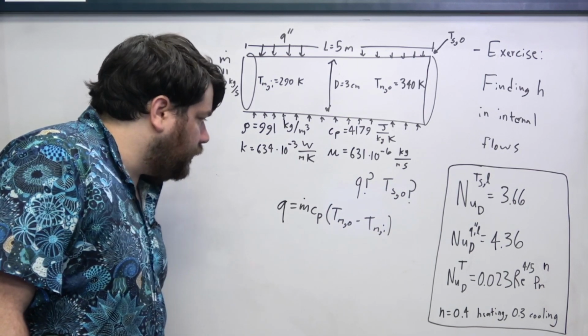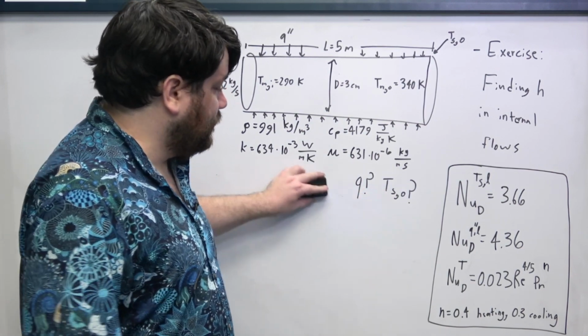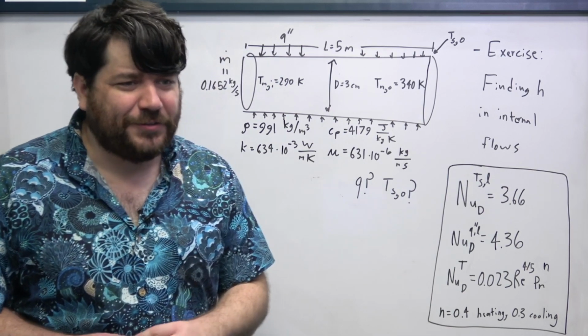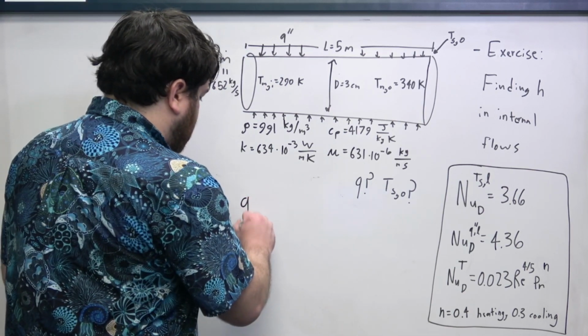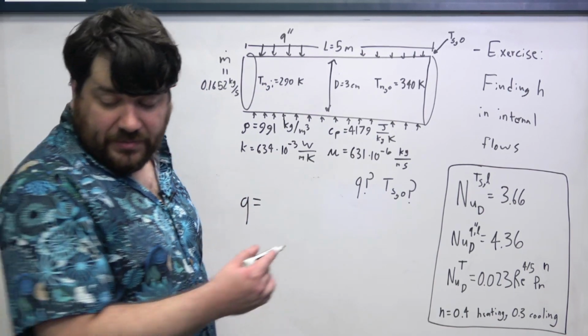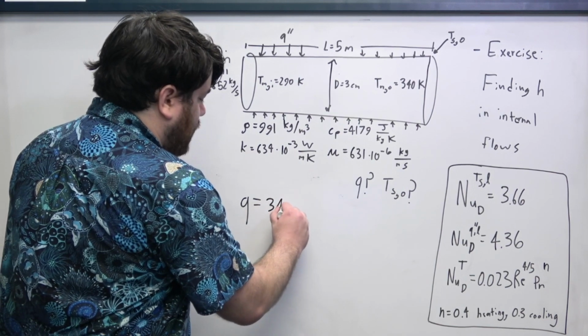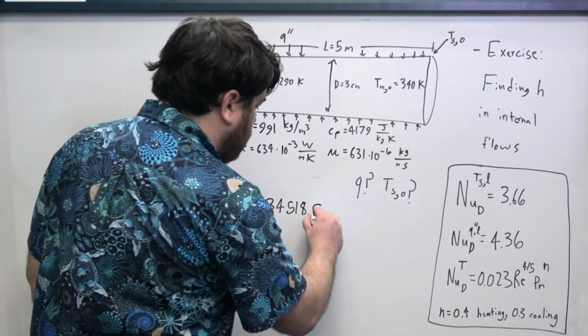So if I actually plug those numbers in, which in the interest of time and brevity I'm going to save you the effort of, what we would find from that single line of calculation is that the heat transfer rate through the system is approximately 34,518.54 watts.